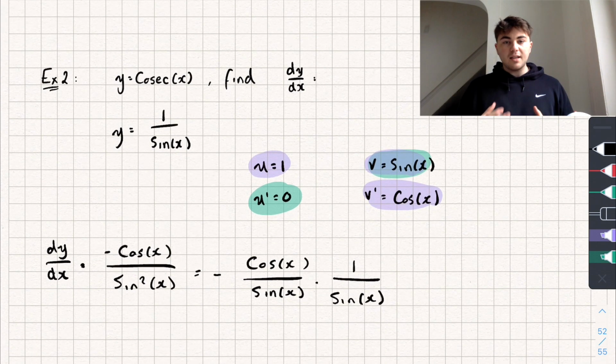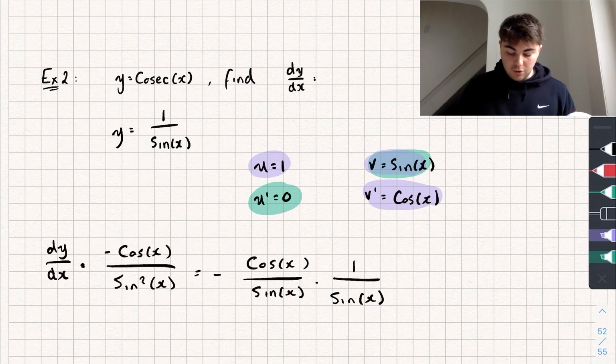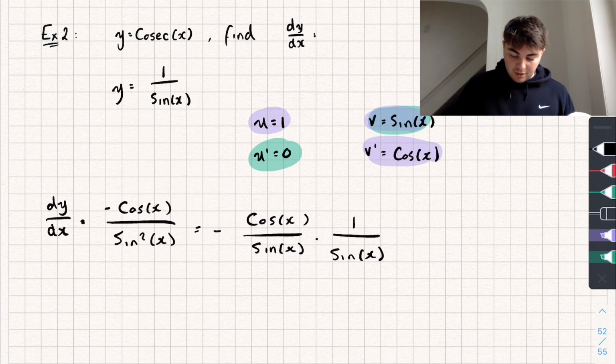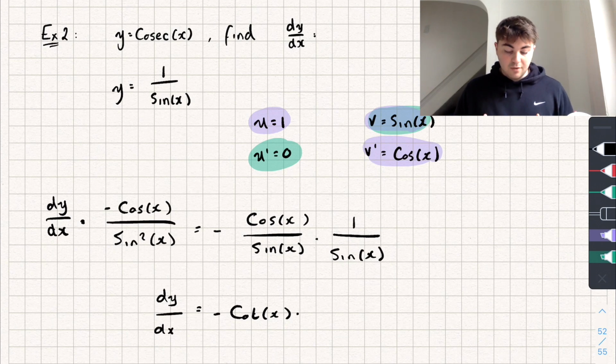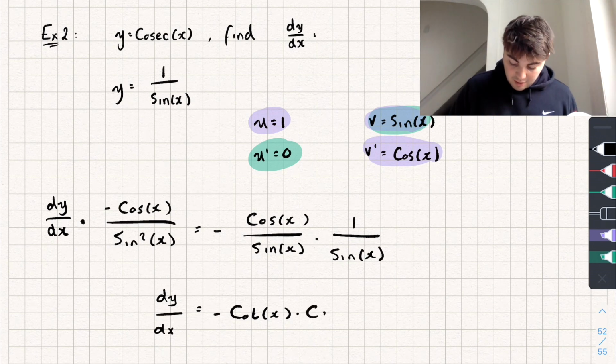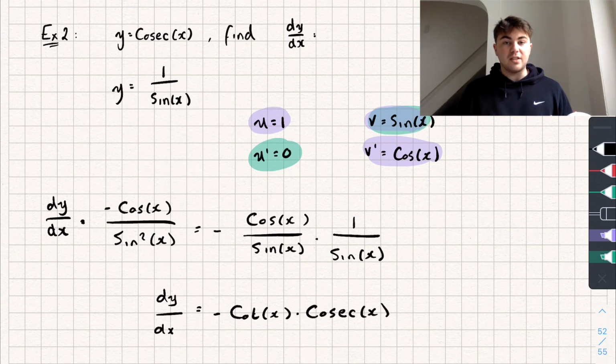And so tan is equal to sine over cos, and so if we do 1 over that, we get cos over sine, we get 1 over tan, and so this part here is equal to cot of x. So dy by dx is going to be equal to negative cot of x multiplied by 1 over sine of x, which is equal to cosec x, so that's multiplied by cosec of x, and this here is our derivative.